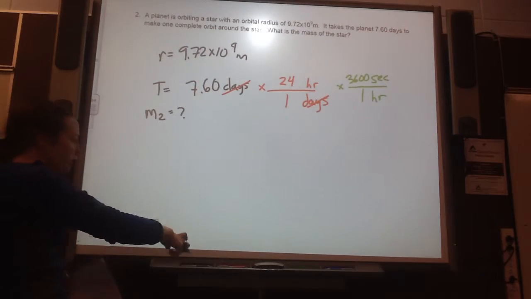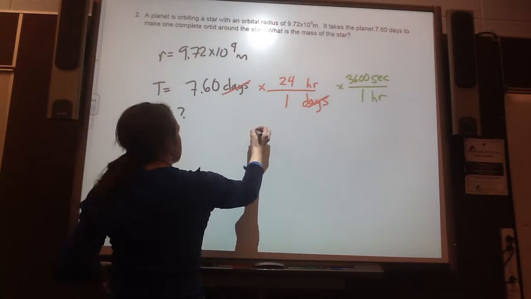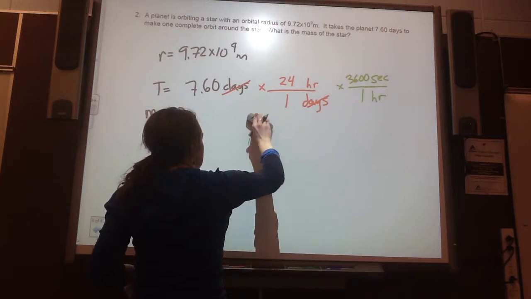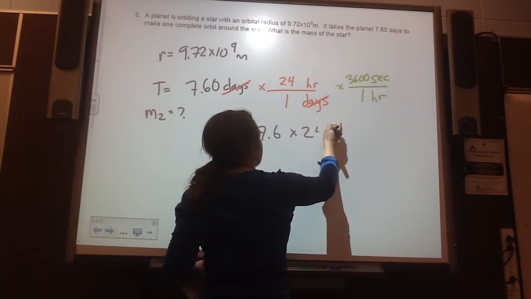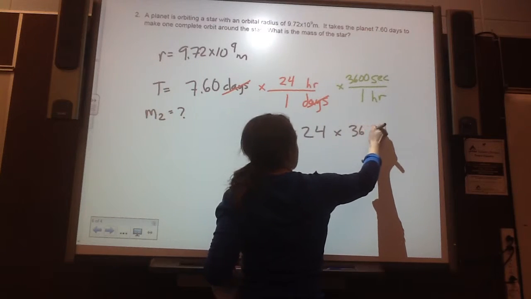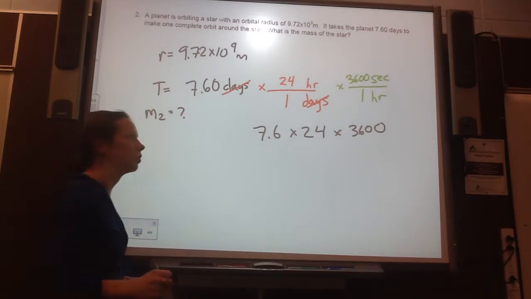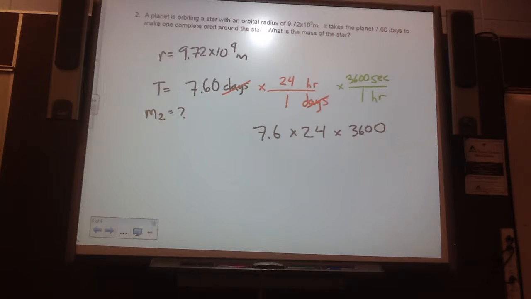So what you actually put into your calculator is 7.6 multiplied by 24 multiplied by 3,600, because they're all on the top of the fraction, which makes sense because we're going from days into seconds. So we need a really big number.